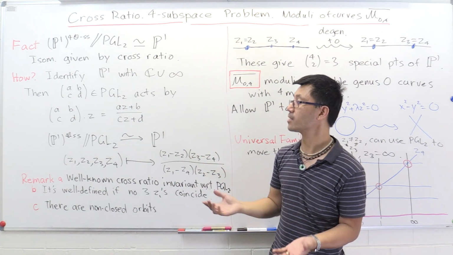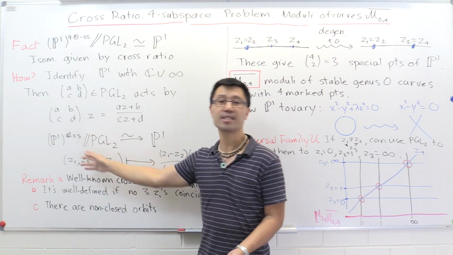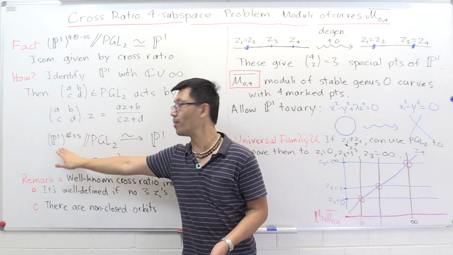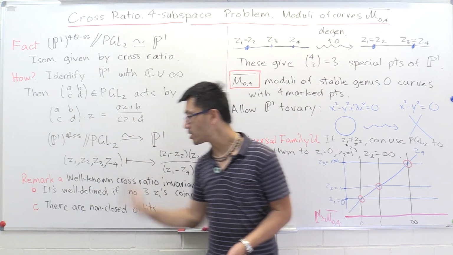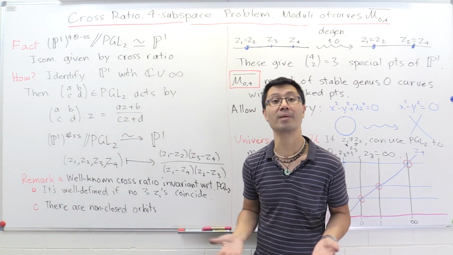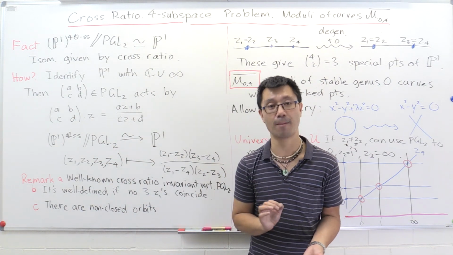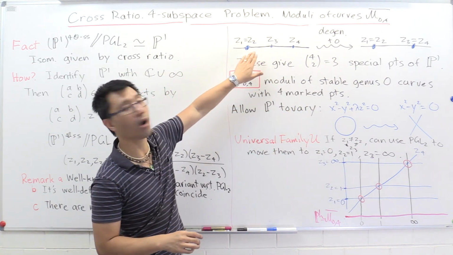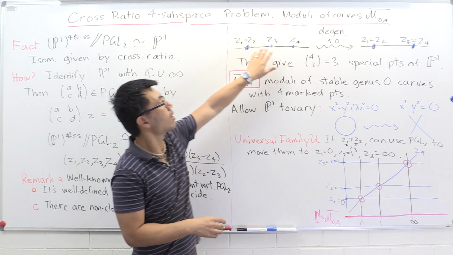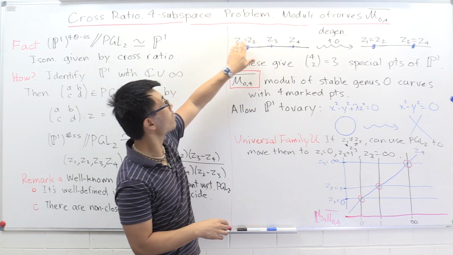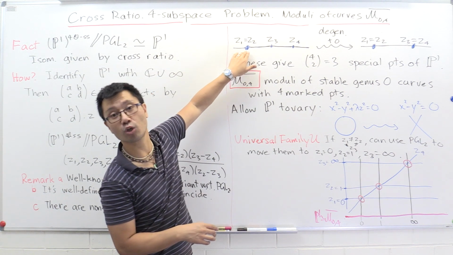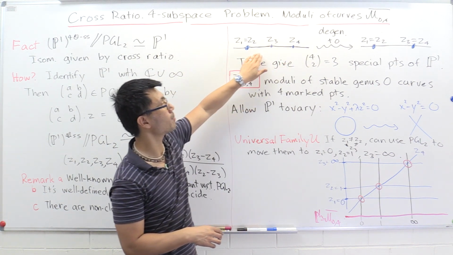The other thing to note is that, remember, when we look at this, it does not precisely correspond to PGL2 orbits inside here. That's because there are some orbits which might not be closed. And in fact, this does happen, and it happens for the following orbits. So suppose now we're on the edge where you'll have instability if 3 of the Zi's coincide, but suppose the first 2 coincide, but these others are different.